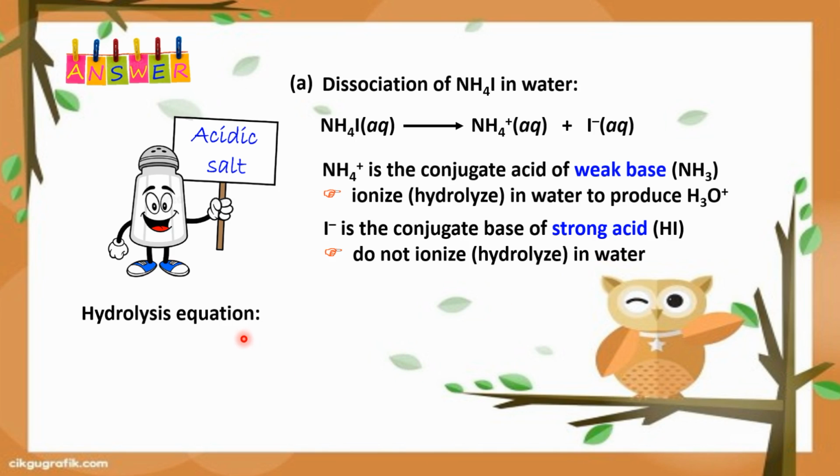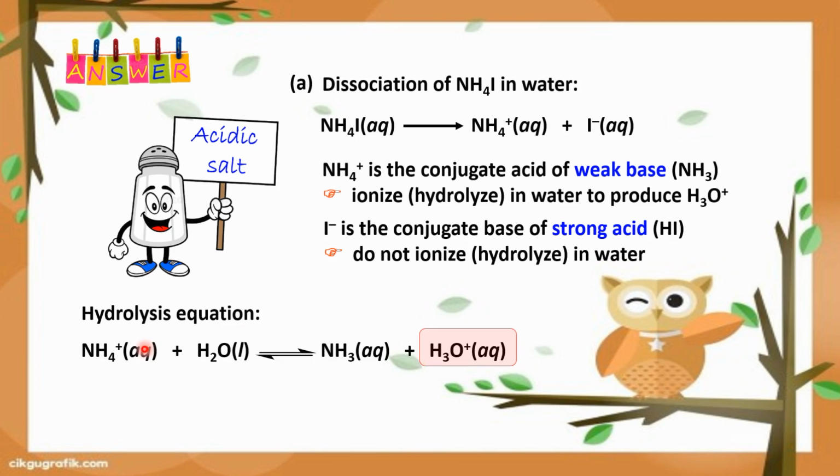Okay, so for the hydrolysis equation, only for the cation, that is the ammonium ion. Ammonium ion will react as a weak acid, so it will donate a proton to H2O and form ammonia and H3O+ ion.